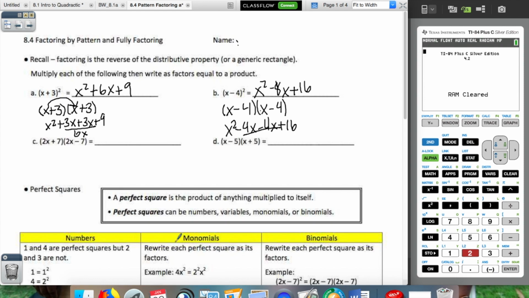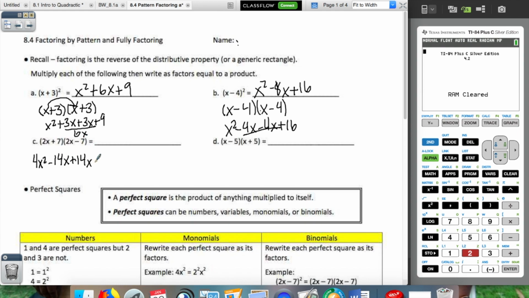Alright, now let's take a look at the bottom when we have 2x plus 7 times 2x minus 7. So first, let's do 2x times these. We don't have to write anything out extra again. We just need to distribute. FOIL. So it's 2x times 2x. That's right, it's 4x squared. And then 2x times negative 7 gets us negative 14x. 7 times 2x gets us positive 14x.